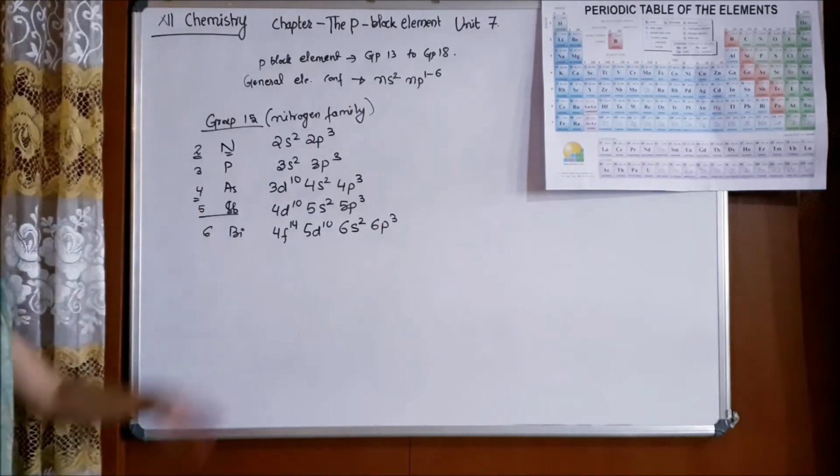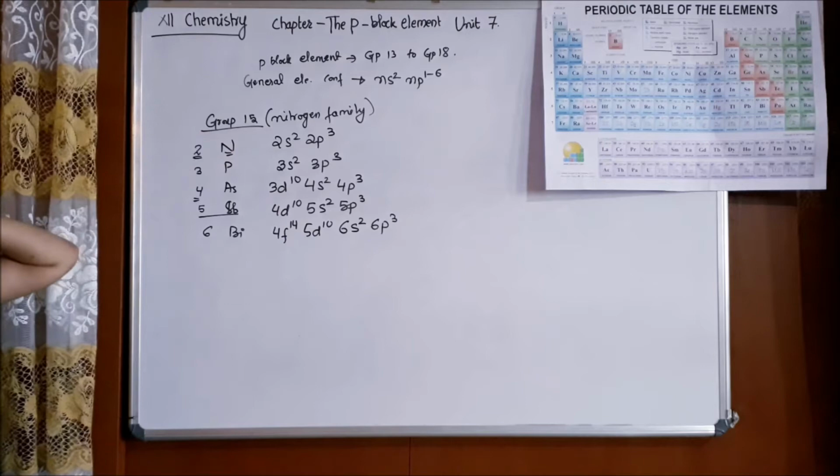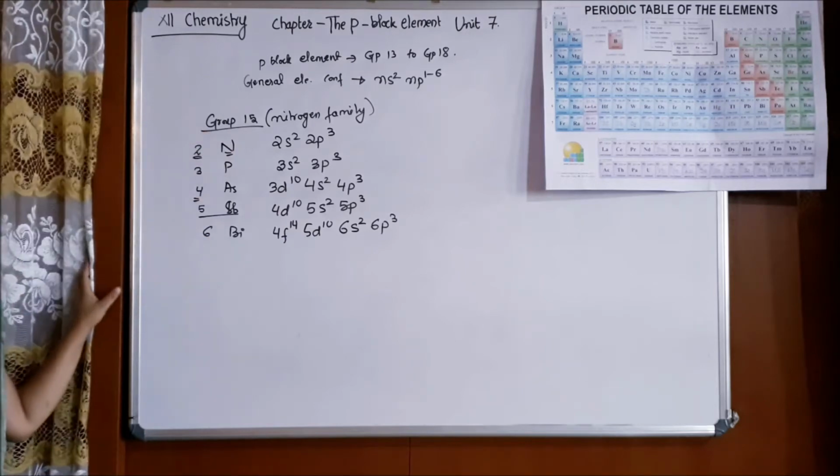So this is the valence electronic configuration for the members of group 15.